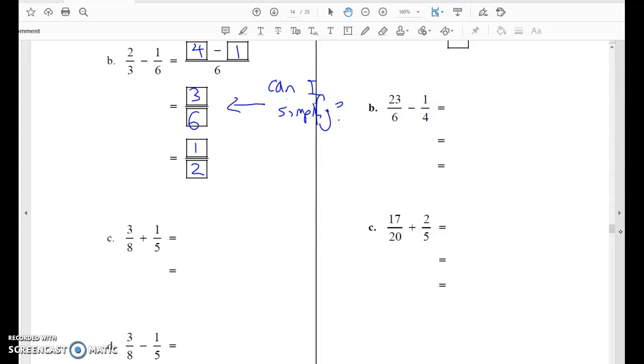Alright, looking at C, 3 out of 8 plus 1 out of 5. So 3 out of 8, before I can really jump to a conclusion, I've got to think about what's the lowest common multiple of these two.